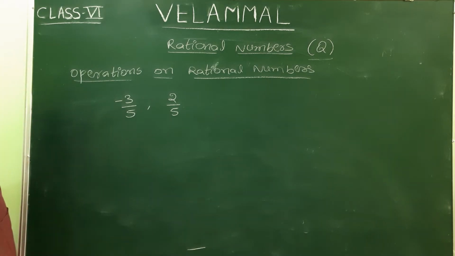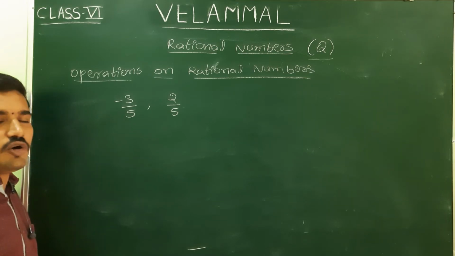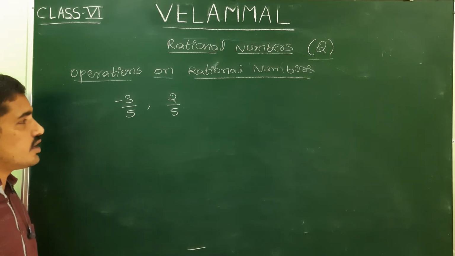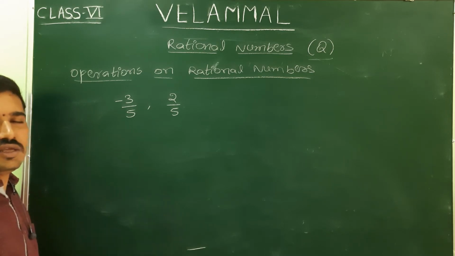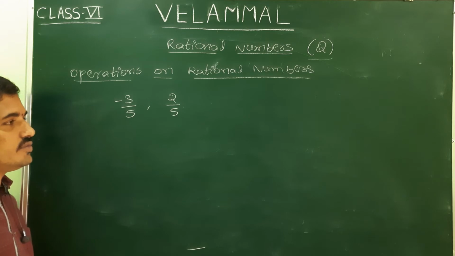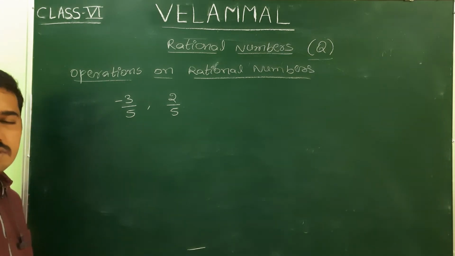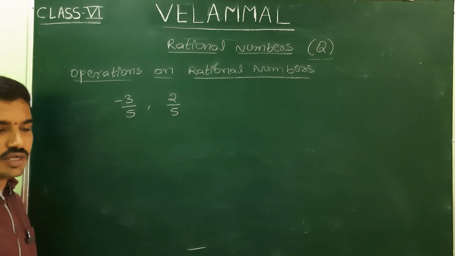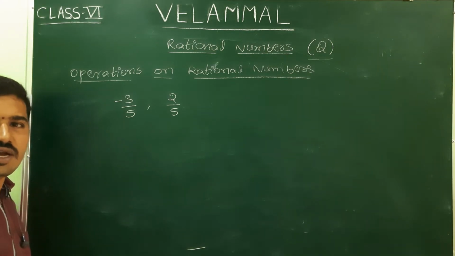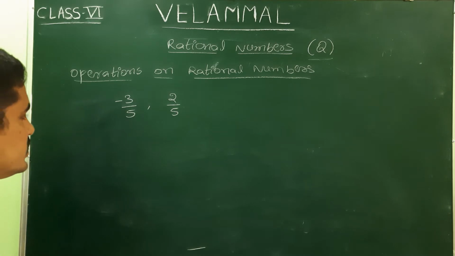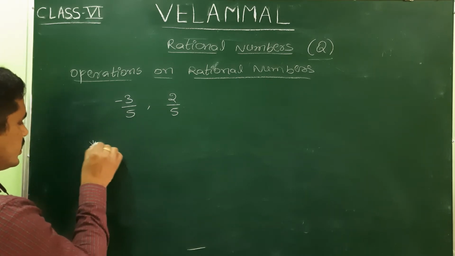Two rational numbers are there, and we are asked to insert rational numbers between these, or find out how many rational numbers are there, or write any two rational numbers between minus 3 by 5 and 2 by 5. Whenever we have two rational numbers, in between them there will be infinite rational numbers. It is a very important point.